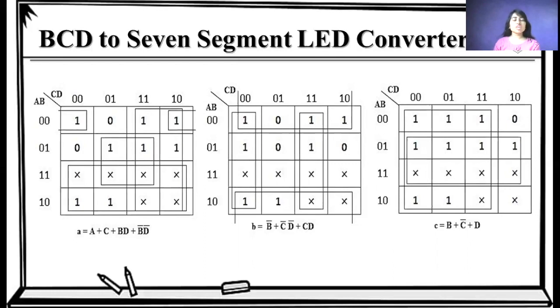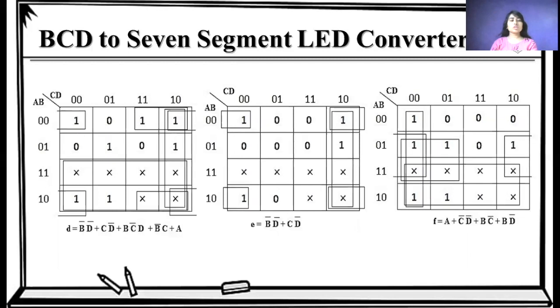And as we have values for 0 to 9 only, we can make don't cares for the 10 to 15 combinations. Here the cross represents the don't care conditions. Then we have equations for B is equal to B' plus C'D' plus CD, and C is equal to B plus C' plus D.